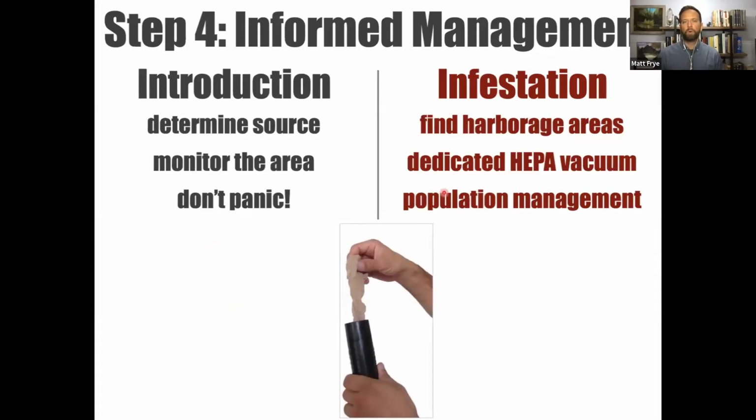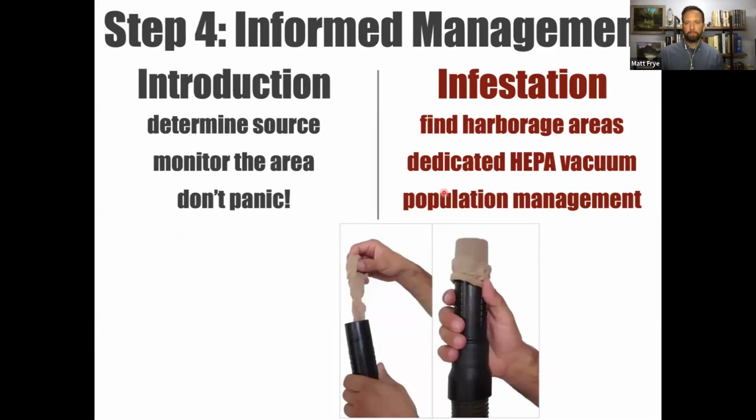So if you want to take this route of vacuuming, there's a really cool technique you can use to prevent your vacuum from becoming infested. You can use knee-high stockings, put that into the end of your vacuum. You could start the vacuum to sort of pull it into the vacuum and then put on the crack and crevice tool.